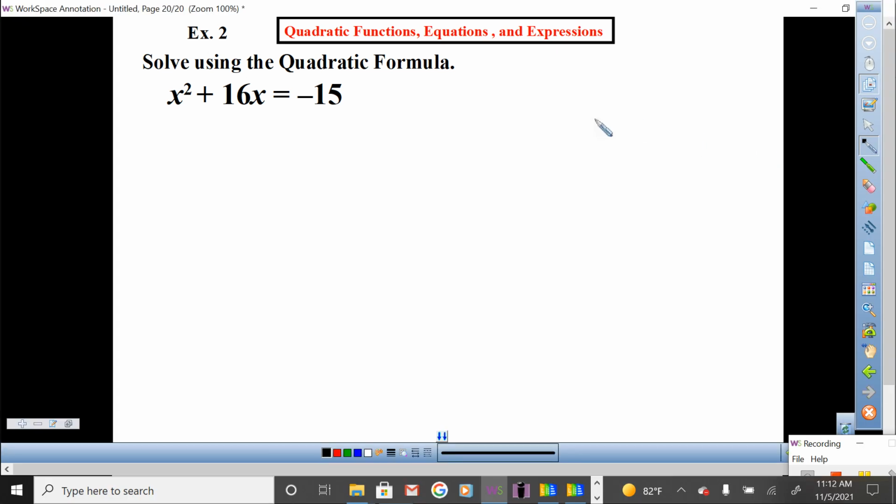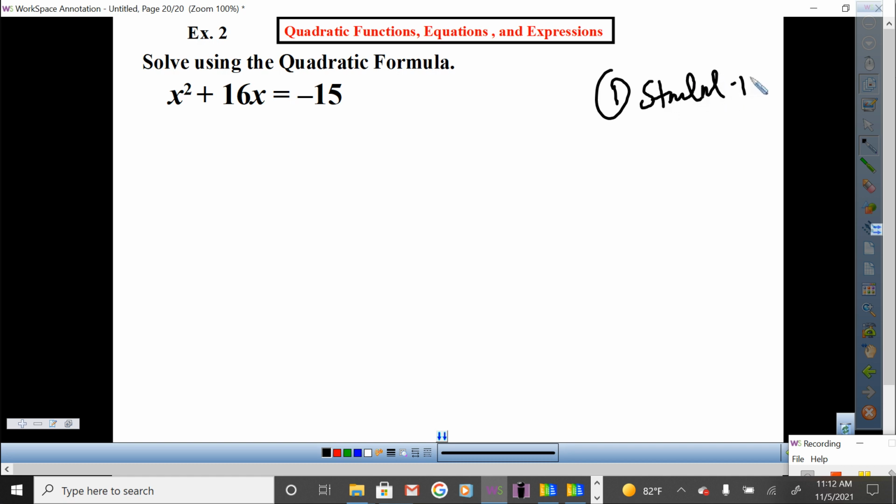Here we go. So I said for this one we had 3 steps. Step number 1, it needed to be in standard form. Standard form, what does that look like? It looks like this. It looks like ax squared plus bx plus c equal to 0. So question, does that look like that? No, that means we need to add 15 to each side.